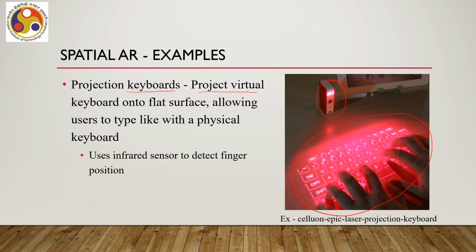So, it projects a virtual keyboard onto a flat surface, allowing users to type like with a physical keyboard. And in order to detect the key press activities, it may use infrared sensors to detect finger positions. That is the more common way to deal with interaction.